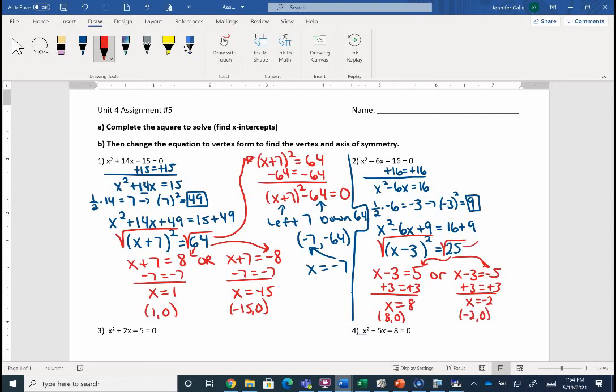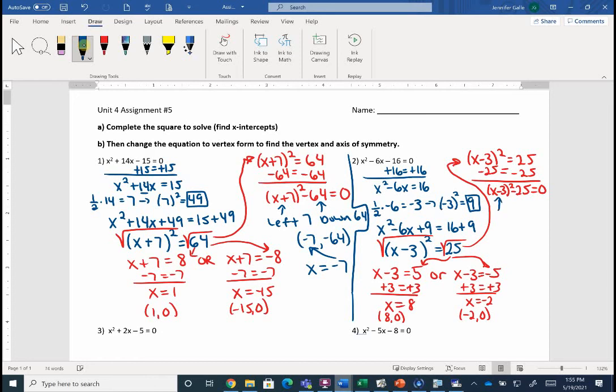Now if I take my equation that we completed the square for, and if I want to find the vertex and axis of symmetry, all I have to do is move the 25 back over to the left side. We'll have x minus 3 squared minus 25 equals 0. Now we have that vertex form.